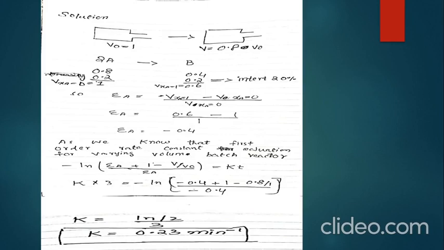The solution of this problem is here. As we know, the initial volume is V naught and the volume V would be equal to 80% of V naught.